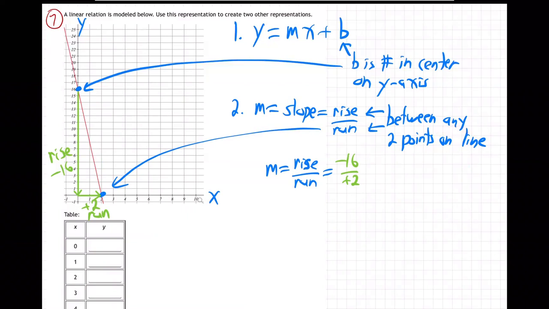So, for example, it could go from right here to right here. That would work fine. Now, you want to pick points that exactly go through a crosshatch, right? Because those are easy to read. I could have totally done right here, because that's a clear point. See how that's a crosshatch?